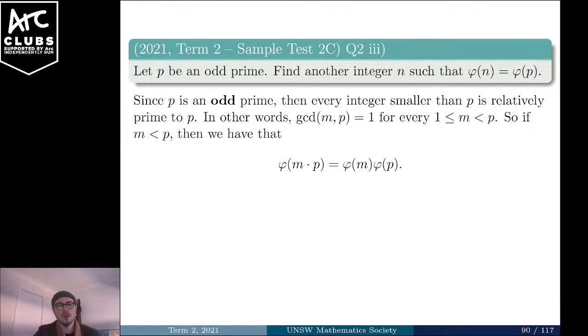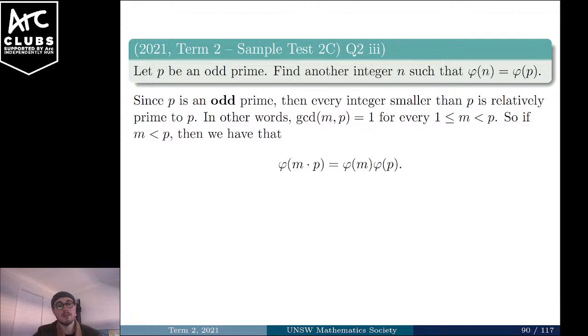Since p is an odd prime, every integer smaller than p is relatively prime to p. That makes sense, right? If p is an odd prime, which means it's just a prime that's not 2, every integer smaller than p is relatively prime to p. In other words, the GCD of m and p is 1 for every number between 1 and p.